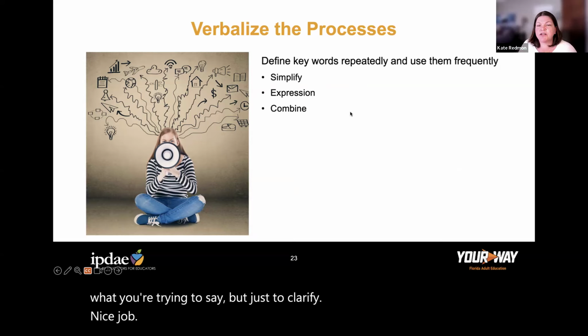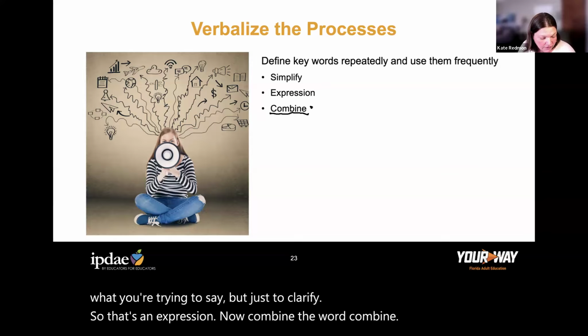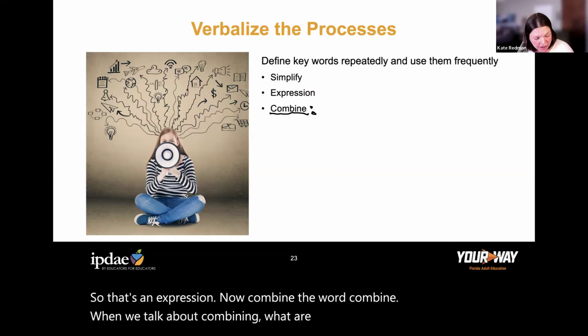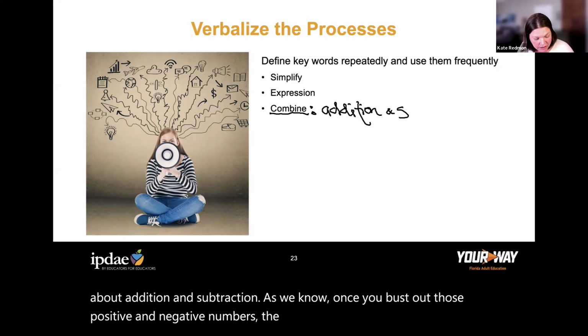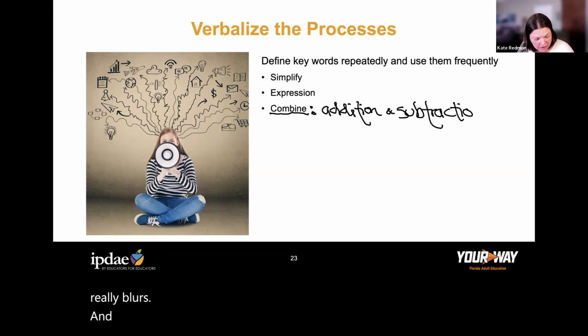So that's an expression. Now, the word combine. When we talk about combining, what are we talking about? We're talking about addition and subtraction. As we know, once you bust out those positive and negative numbers, the line between addition and subtraction really blurs. And so we begin to just call it all combining.